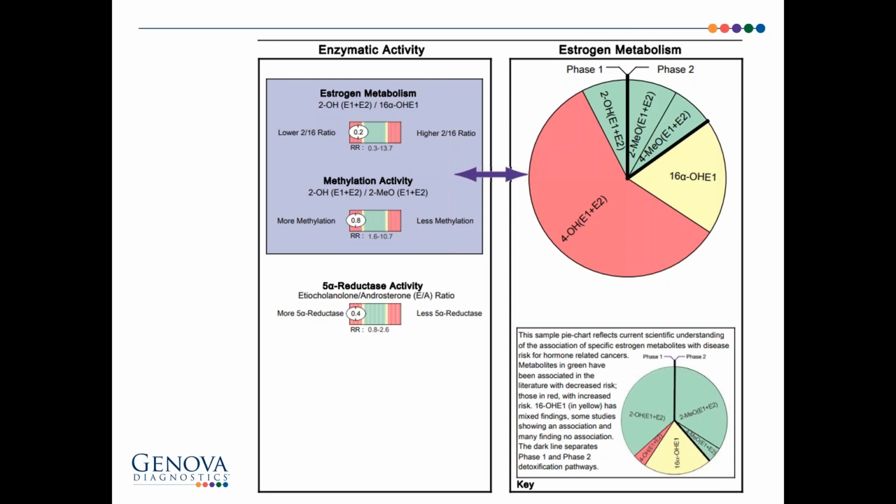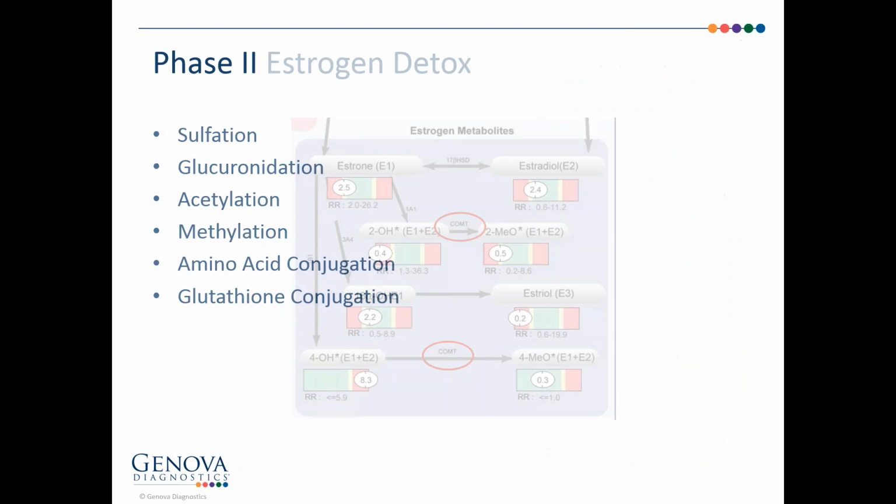I just want to ask you, from the standpoint of interpretation. The example we have in the handout shows that the 4-hydroxyestrogen ratio is quite low compared to the 2. Now the one that you have up there shows that the 4 ratio is much higher.